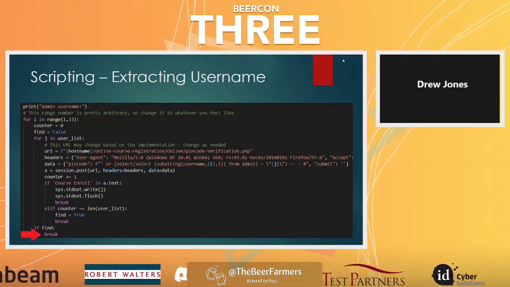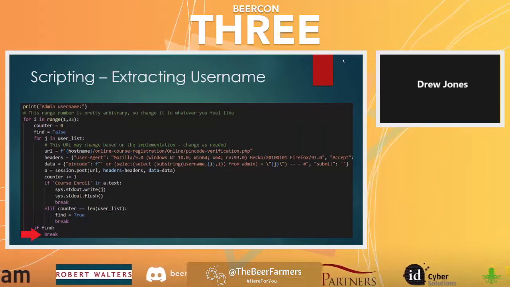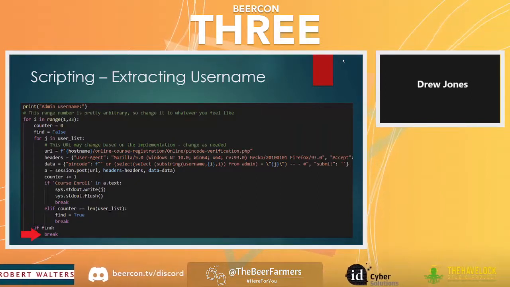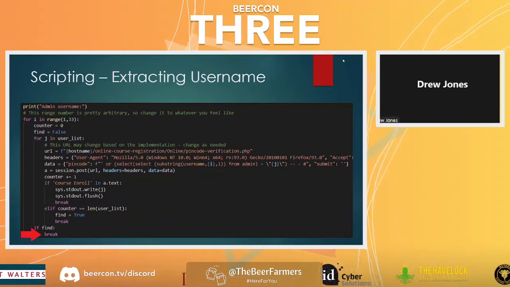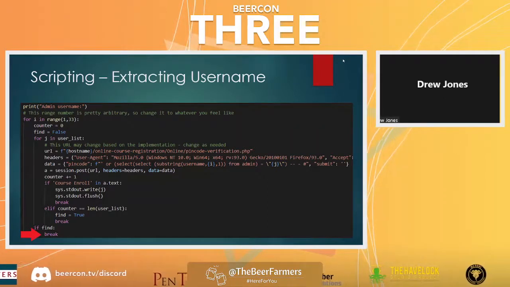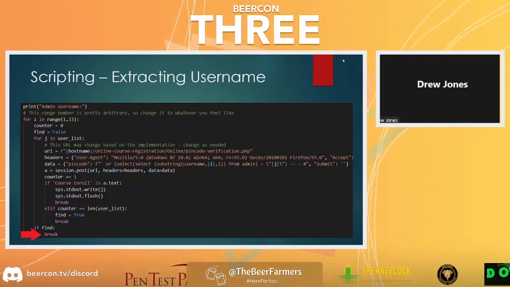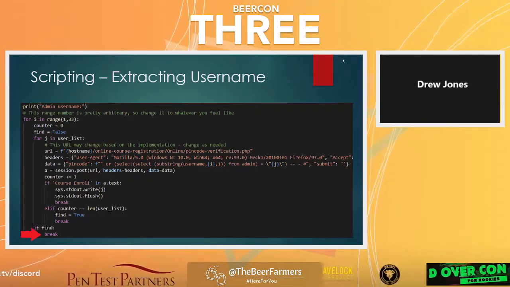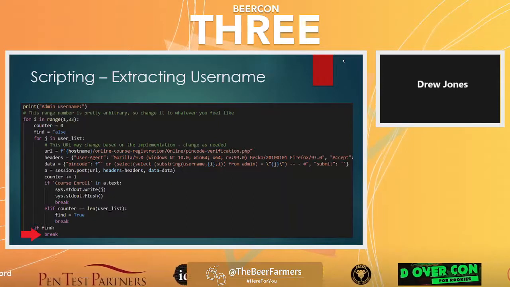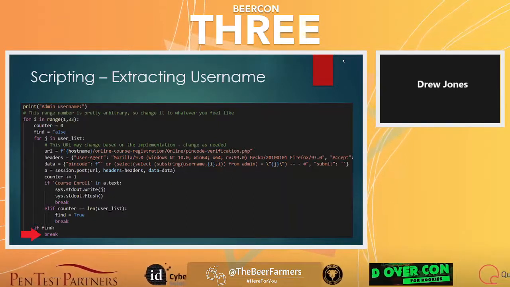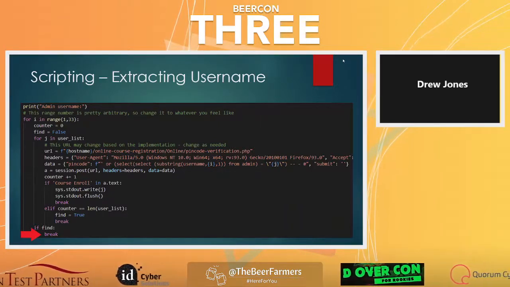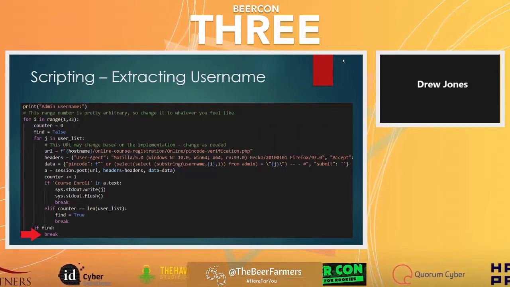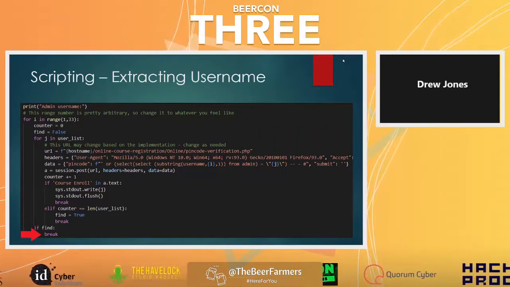So that way, when we hit the end of the username, we don't just get stuck in an endless loop. So when we hit admin and we hit the n, and then it checks if it's administrator, and it finds there's no more characters because it iterated all the way through user list, it will break and we can move on to our next one.